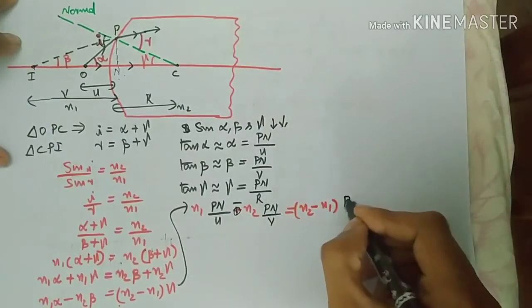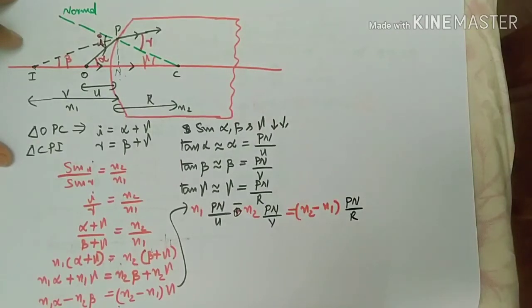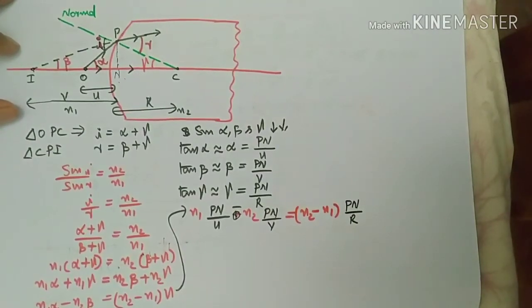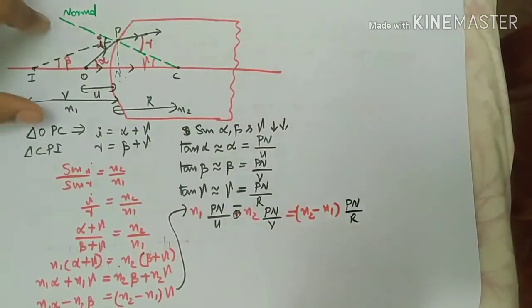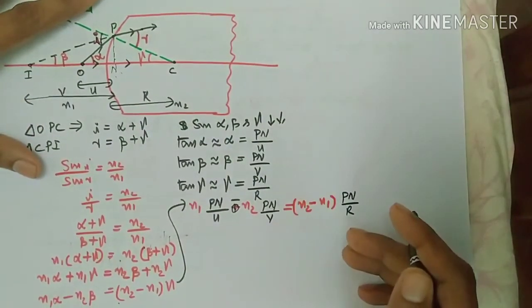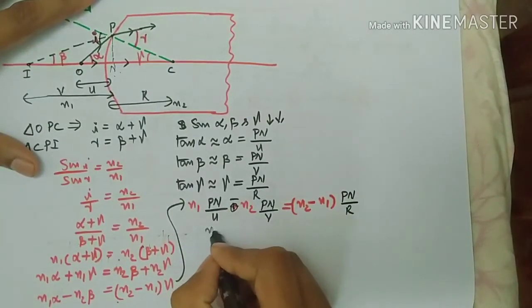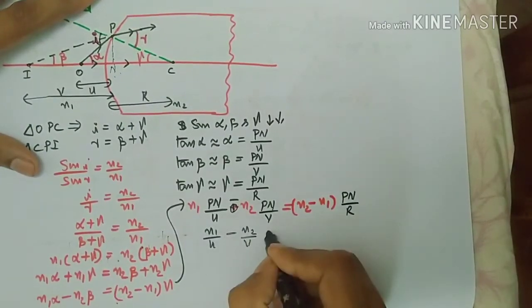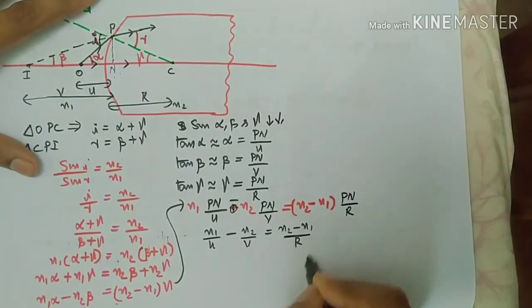Gamma is PN by R. Then we can cancel out this PN. Then we can write n1 by U minus n2 by V is equal to (n2 minus n1) by R.